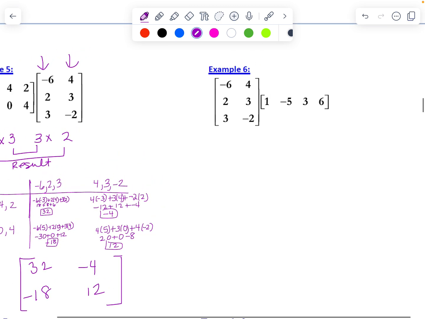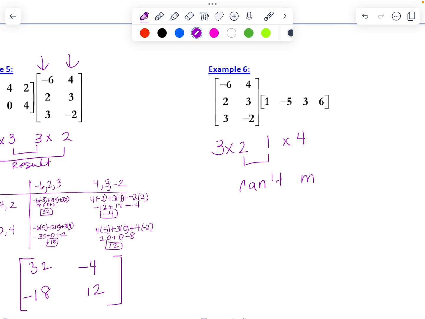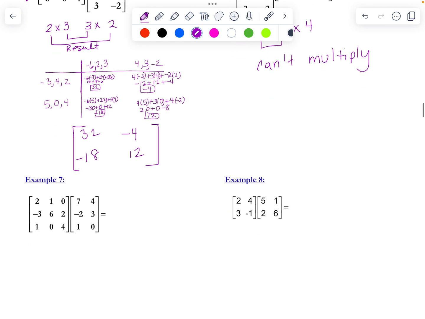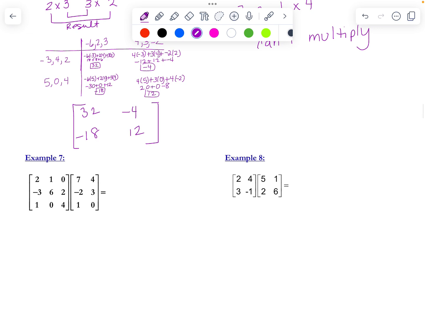Now, if I look at my next one, I have a 3 by 2, and I have a 1 by 4. Well, since these are not the same, I can't multiply. So I would just write can't multiply. Let's go ahead.